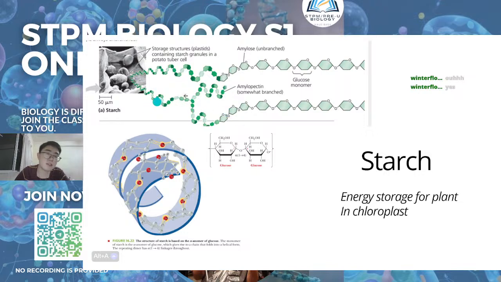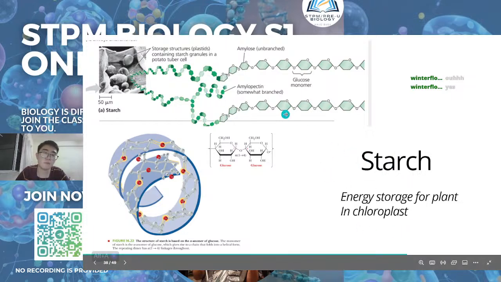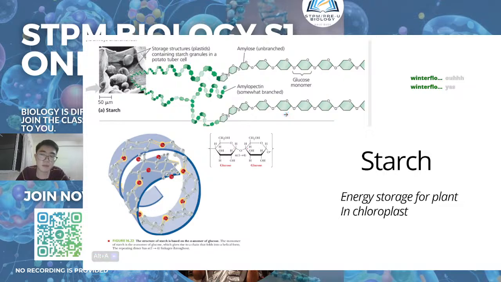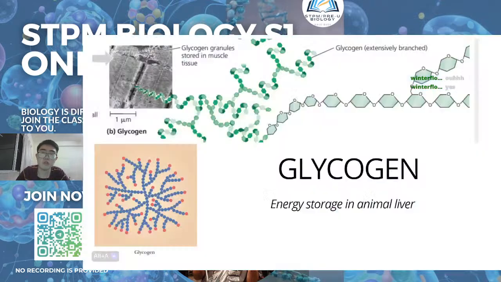But some starch also has branched amylopectin, but the branching of the starch is very little compared to glycogen. You see, glycogen is highly branched. You see that very near already has a branch.